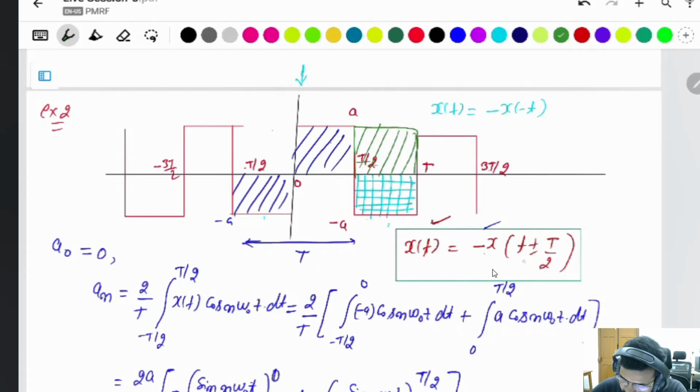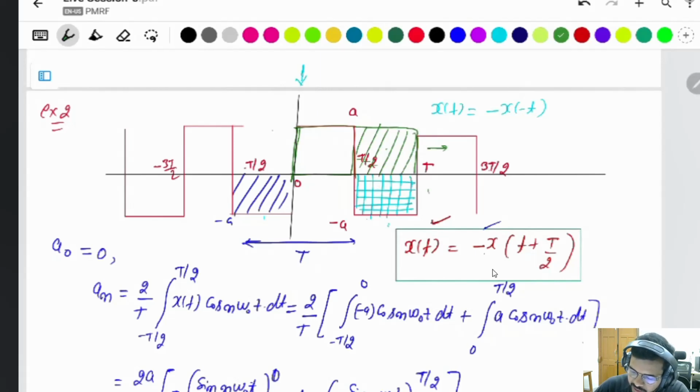Then after that you have to shift this one, plus or minus, you can shift by a delay or advance. Suppose you take the positive, then you have to shift this signal here, then this block is the same as this block. If this block is the same as this block, then the signal is known as a half wave symmetry signal, because only T by 2 of the signal is taken.